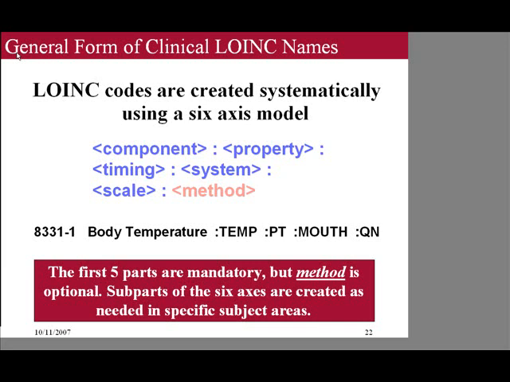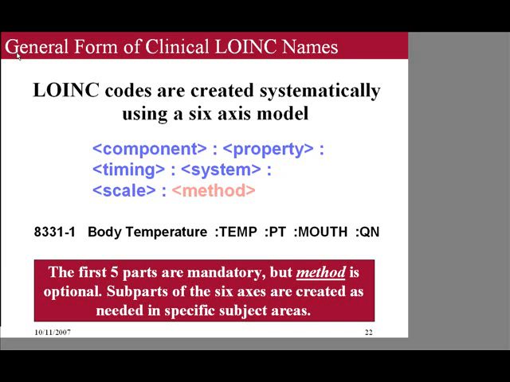So the idea of the method tells me whether this is a screening test or whether it's the final confirmatory test, then the method becomes important. Otherwise, we try to not specify the method or have that be specified in another part of the message rather than make LOINC codes that would change rapidly because particular methodology is changing.